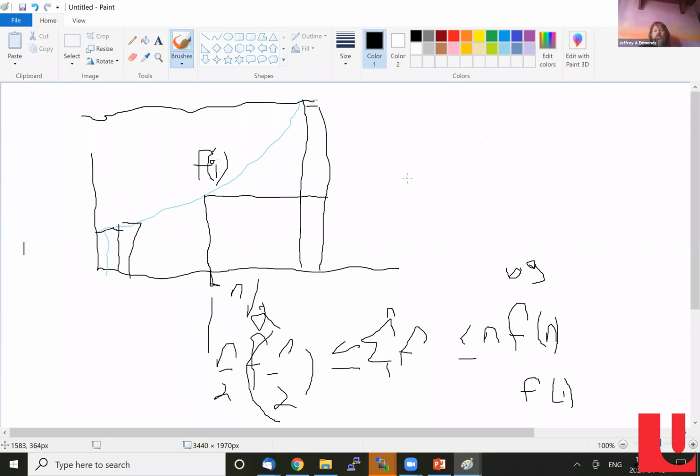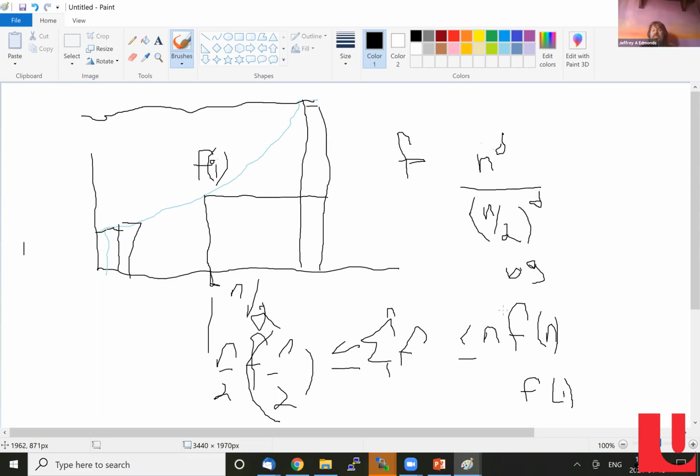So suppose f equals n to the d. If we divide f of n by n over 2, all to the d, why am I doing that?